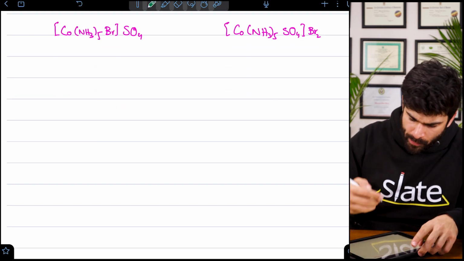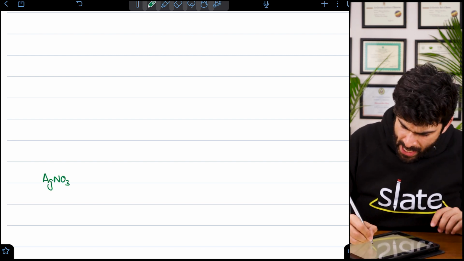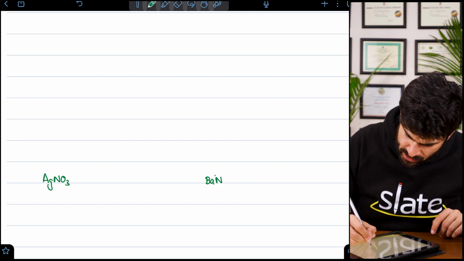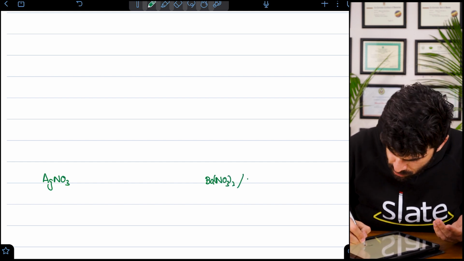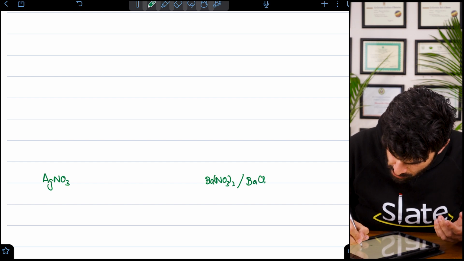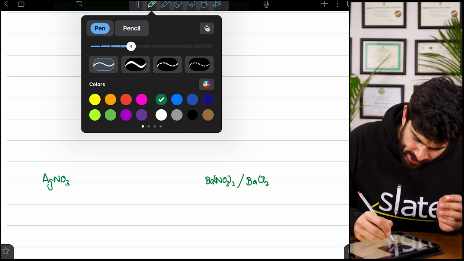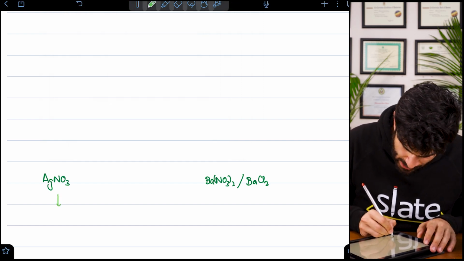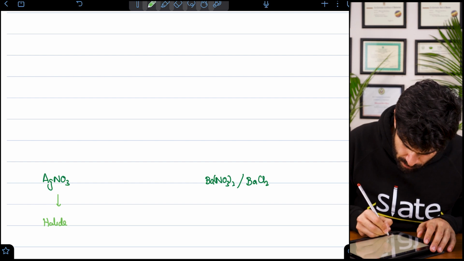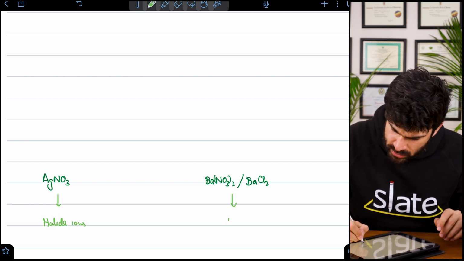Unfortunately, you need to memorize the older concepts, especially now. Before we talk about this, AgNO3, silver nitrate, and barium nitrate or barium chloride, these ones were important. Silver nitrate test was used for halide ions, and barium was used for sulfate ions.